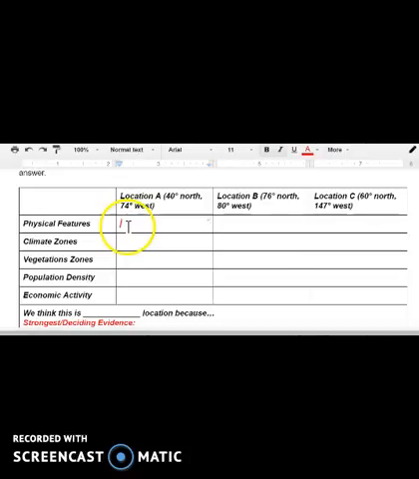Yeah, 70 west and 40 north is right here. The physical features that I see there are the Atlantic Ocean. So back here, I would write Atlantic Ocean. I will do the same then for this next location and location C.